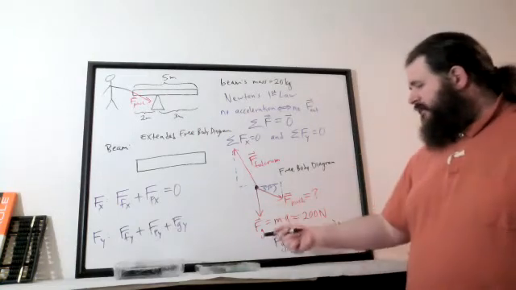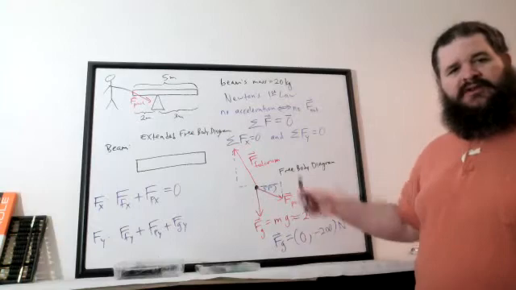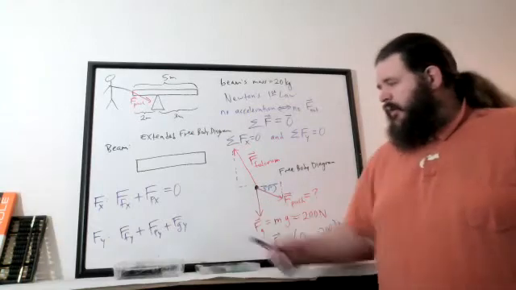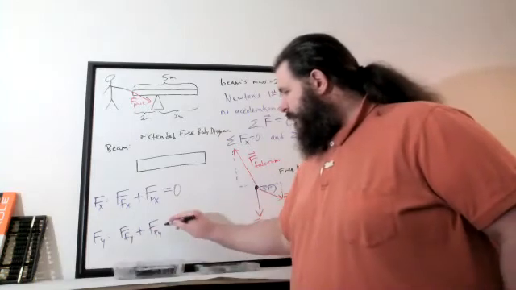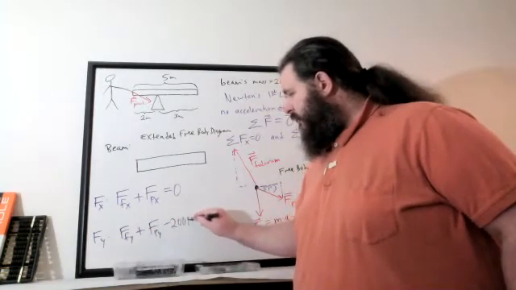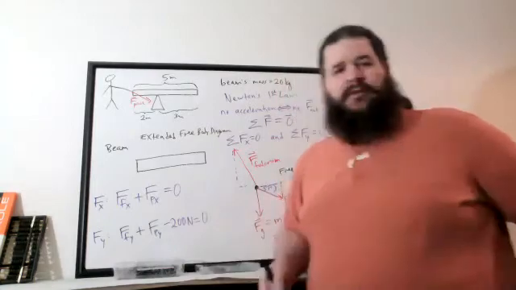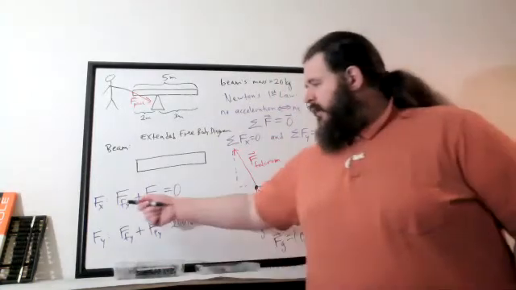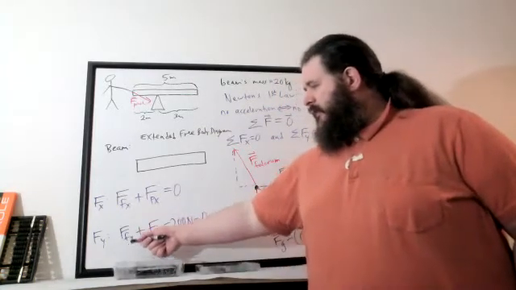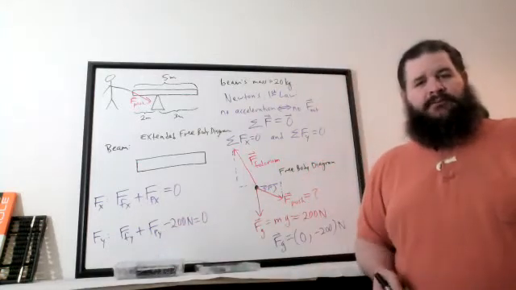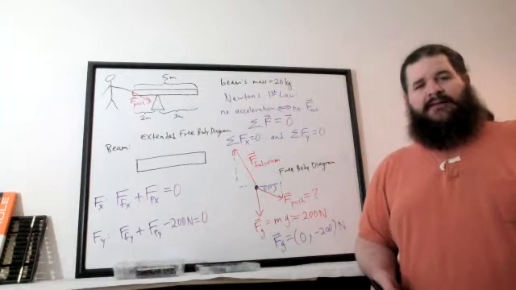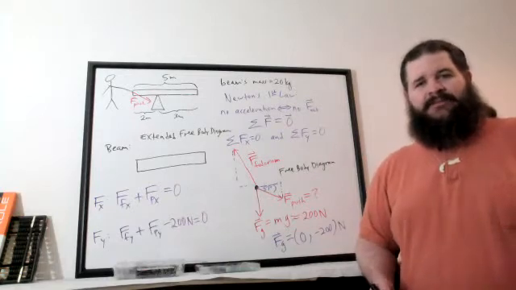So the magnitude of the force of gravity is 200 Newtons, but since that's straight down, the y component is negative 200 Newtons. So we could actually fill that in right now. And note that we are formally still adding the forces. We've got y component for the fulcrum plus y component for the push plus y component for gravity equals 0. It's just that the y component for gravity happens to be a negative number.